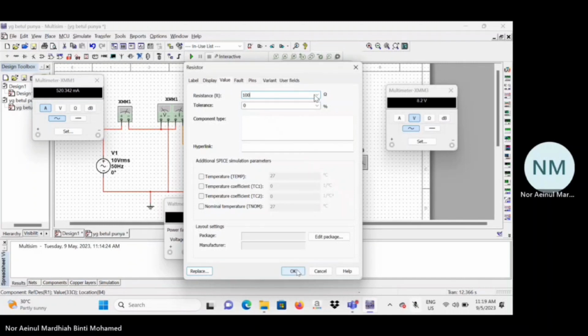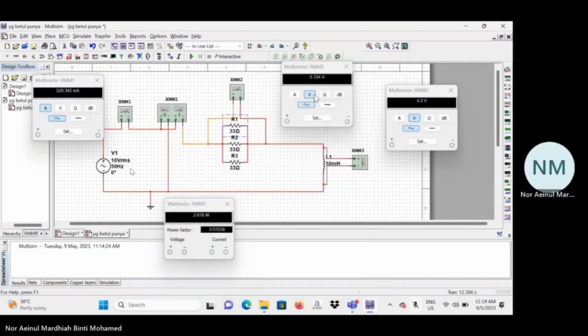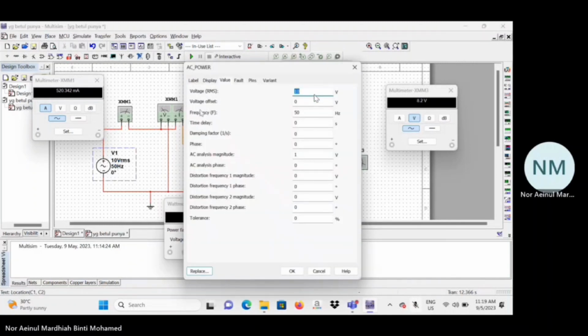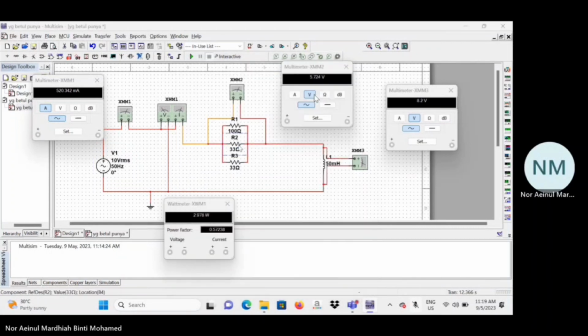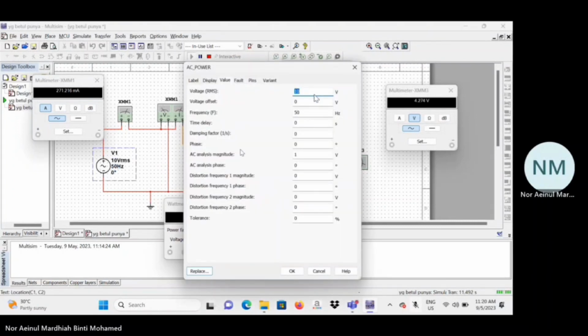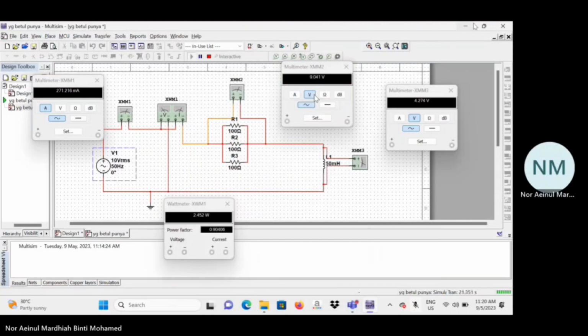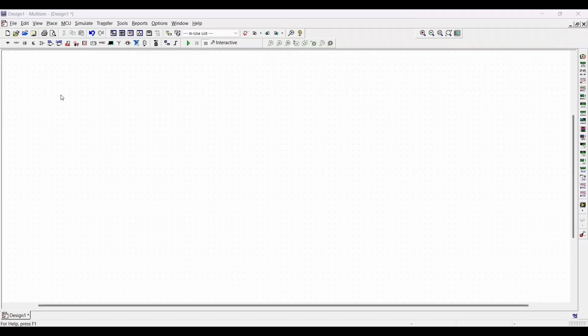Then we change the AC supply from 10 volt until 100 volt. For table 4.2, we change the resistor value from 33 ohm to 100 ohms and run the simulation.